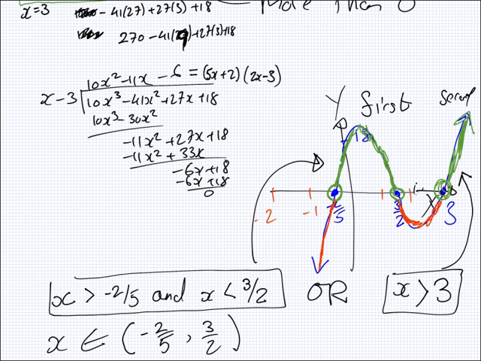Is it the U or the N? Yeah, U. And then how do we represent more than 3 in a set? 3, infinity. Now don't worry, we'll talk about that later this morning, okay? But this is how you represent the answer as a set.